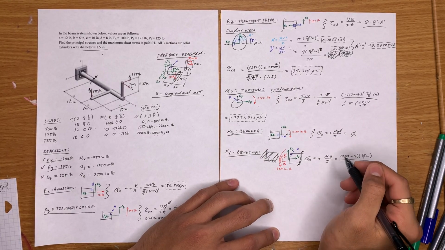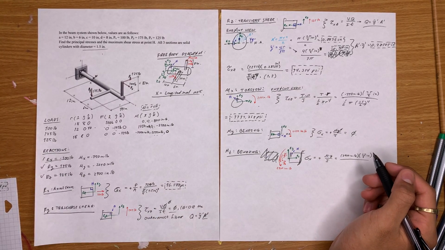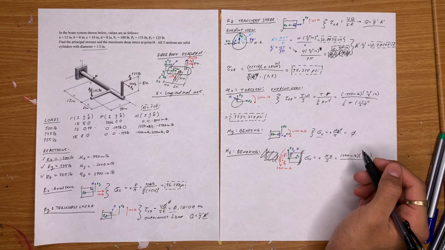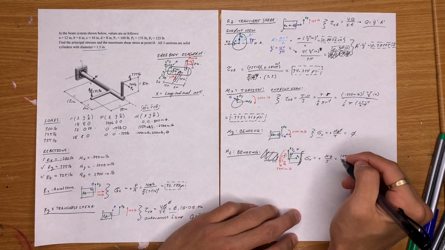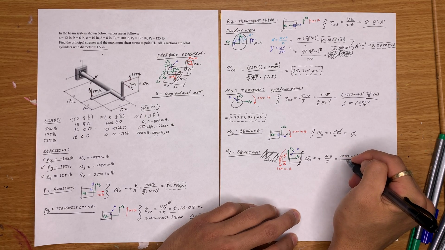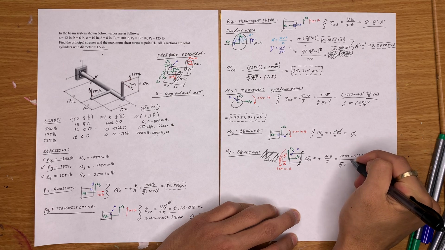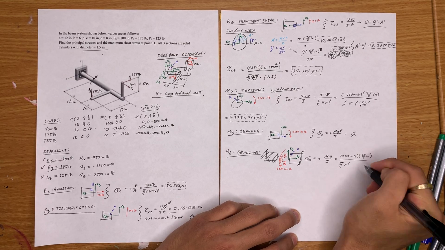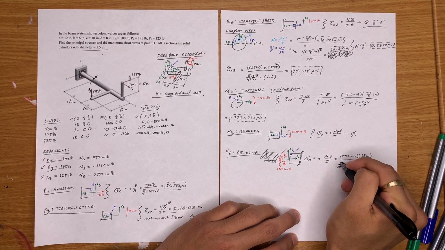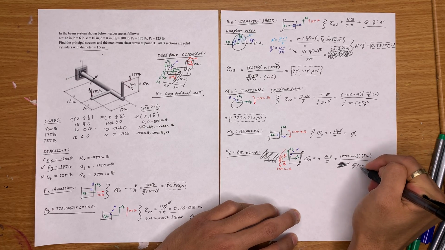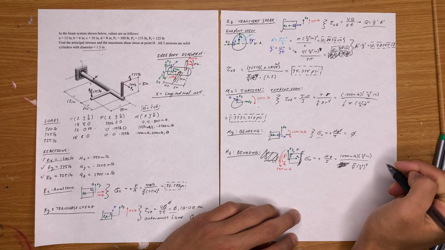I, the moment of inertia, for a cylinder is going to be pi over 4 r to the 4th. Once again, pi over 4 times r, which is 1.5 over 2 to the 4th.